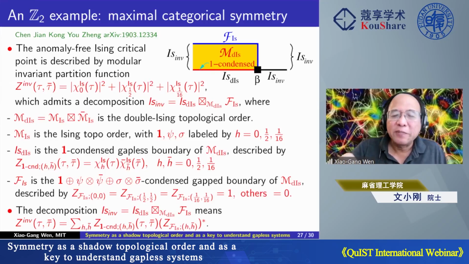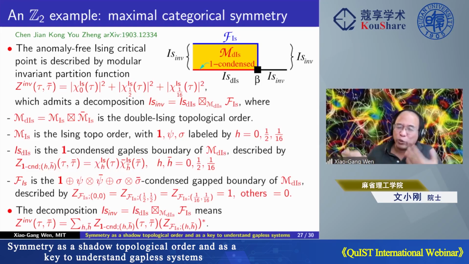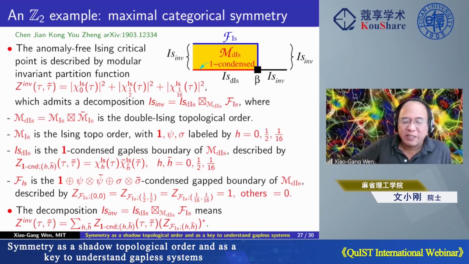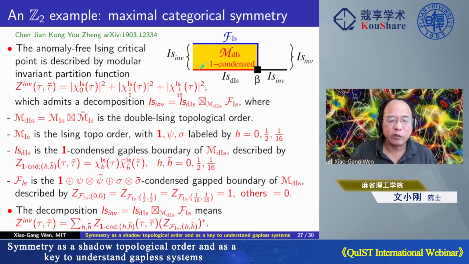In our paper, we say that when this gapped boundary is anomaly free, a local fusion category, then you have an anomaly-free emergent symmetry. Otherwise, we do not have an anomaly-free emergent symmetry.